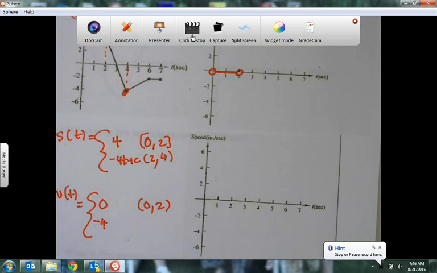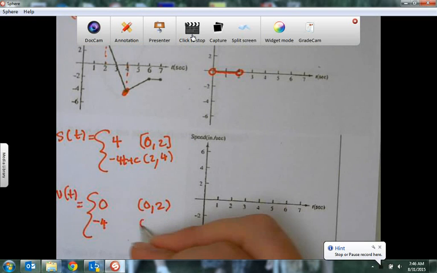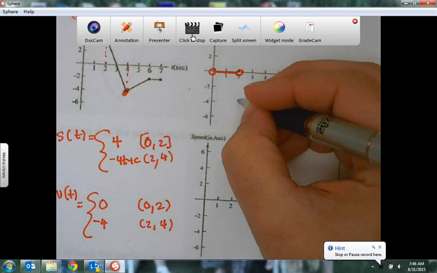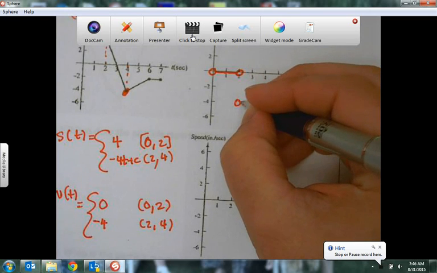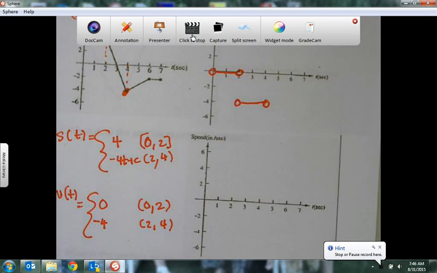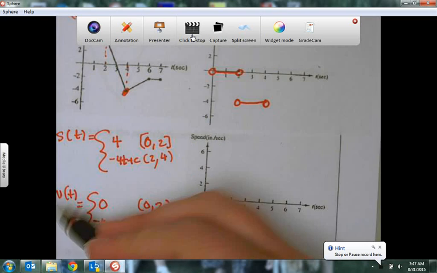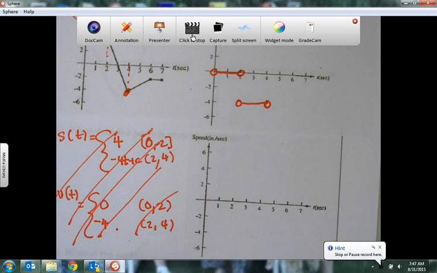And again, that's from 2 to 4. So from 2 to 4, I am going to be down here at negative 4. We could continue that if we wanted to write out the piecewise functions, but I'm going to eliminate that because that's a lot of work and just look at the slopes.